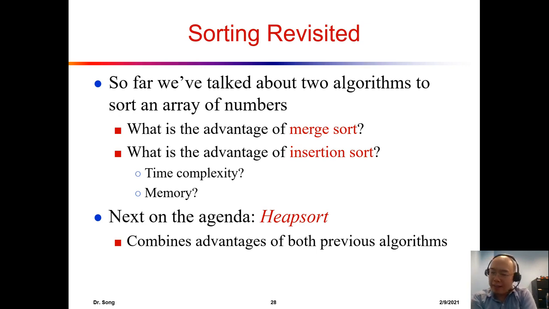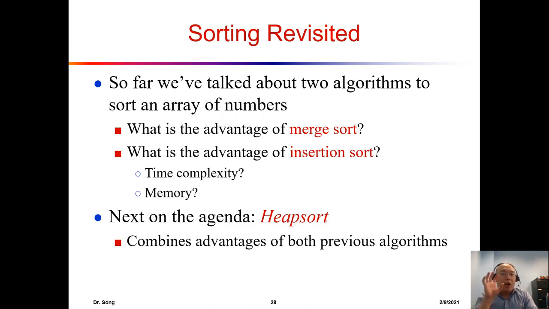Think about that. We also have insertion sort. By the way, what is the big theta of insertion sort? We are talking about the worst case. For the worst case, insertion sort is big O of n squared. And how about merge sort? Merge sort, we say that is n log n.